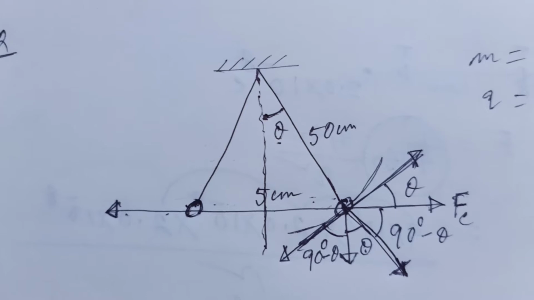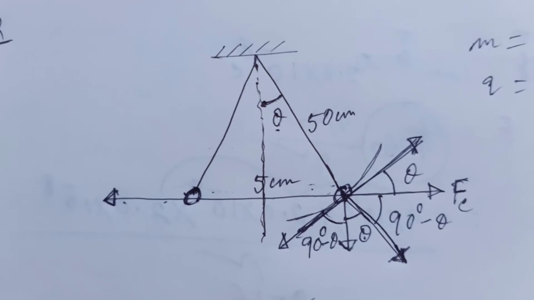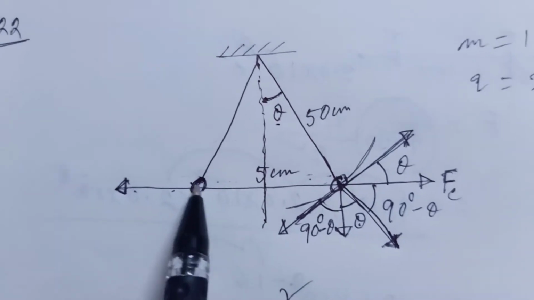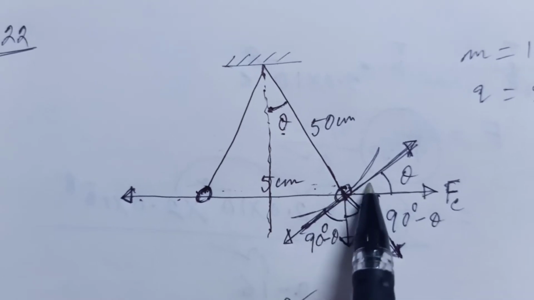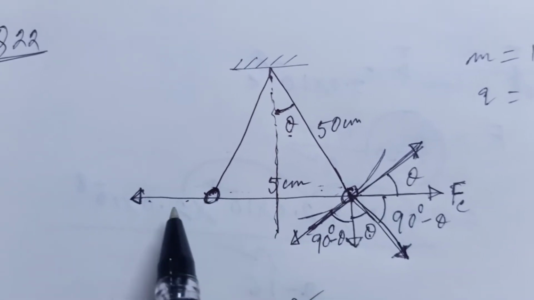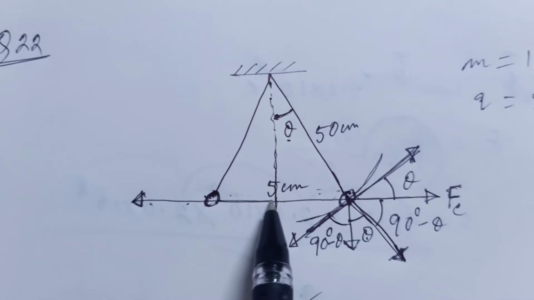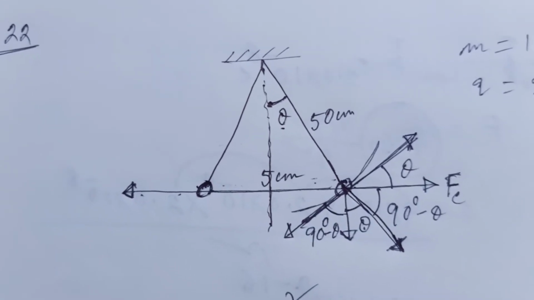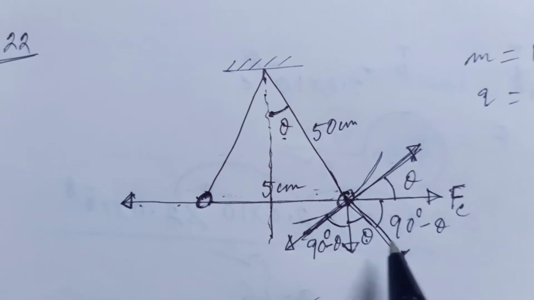So first of all, students, think about the different angles. When these two balls repel, they go along this direction and take a stable equilibrium position.